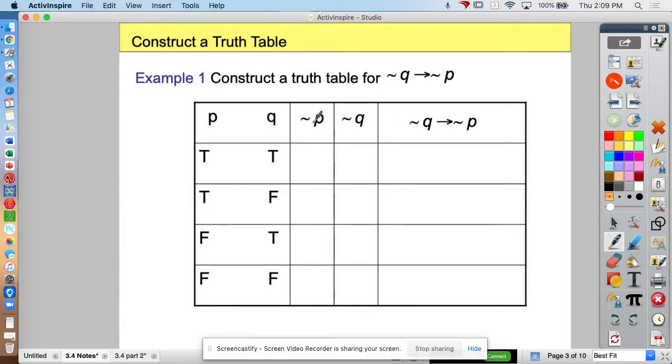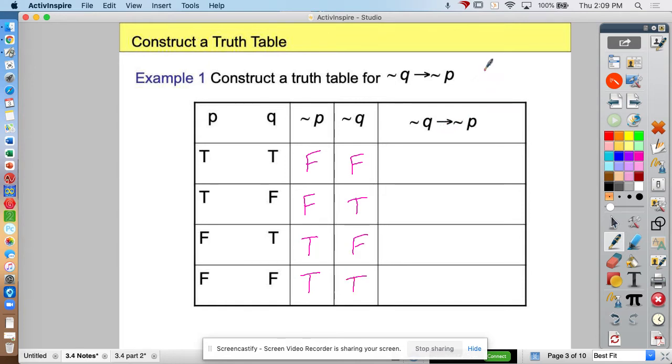Okay? So negation of P is the opposite here. So false, false, true, true. Negation of Q is the opposite here. So false, true, false, true.